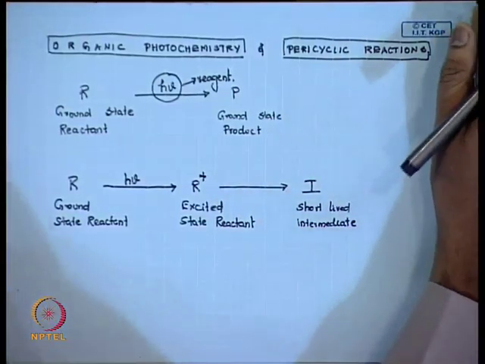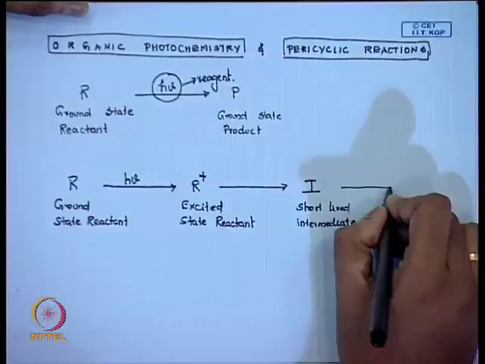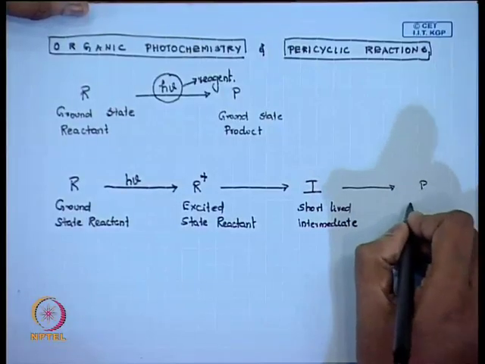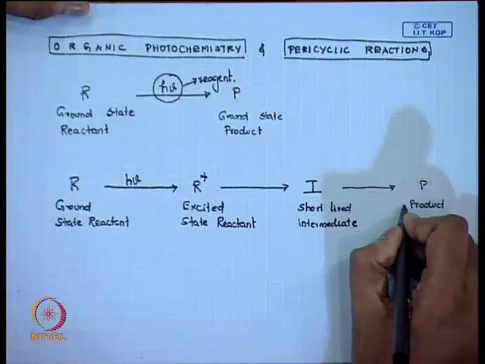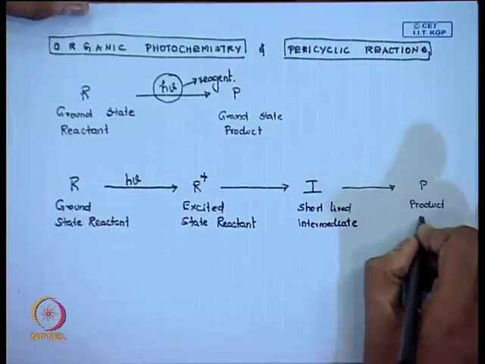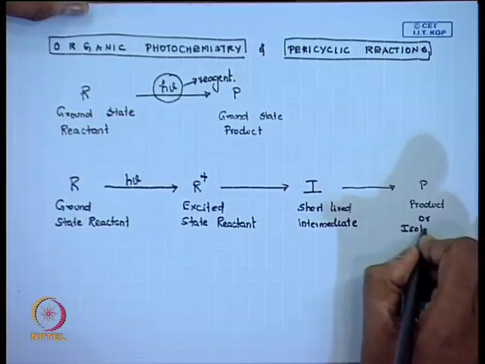The short lived intermediate can be like a carbene, or a nitrene, or diradicals, which can react very fast to give you the product P. This P is a ground state product, or we can call it an isolated product.